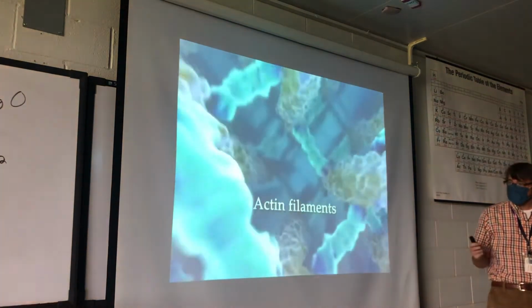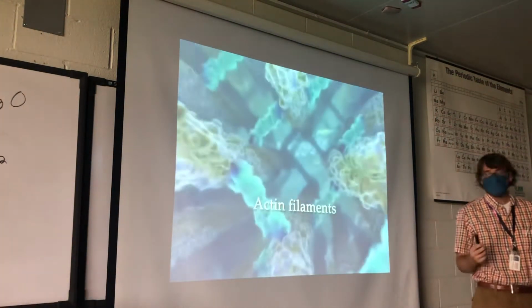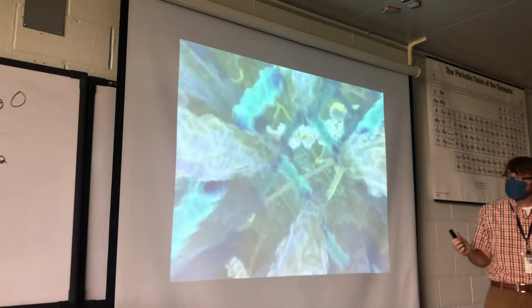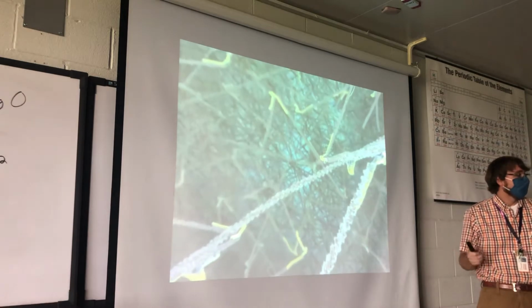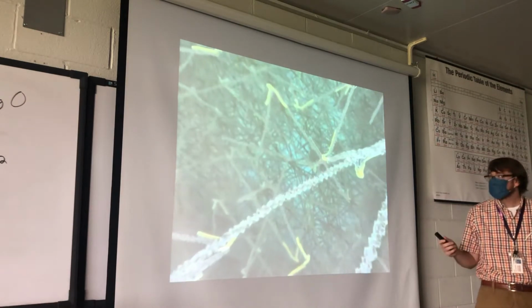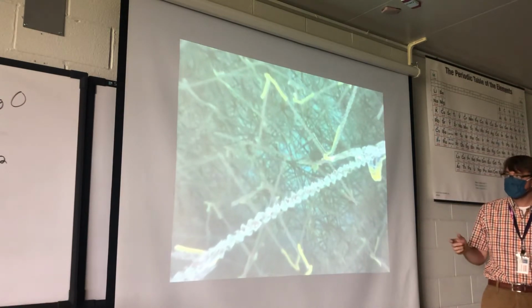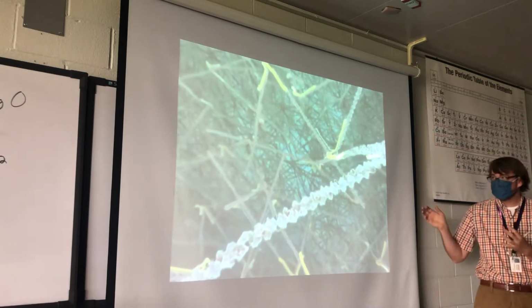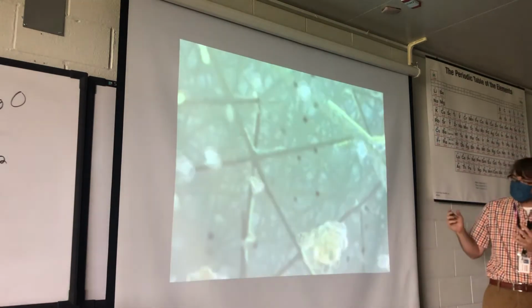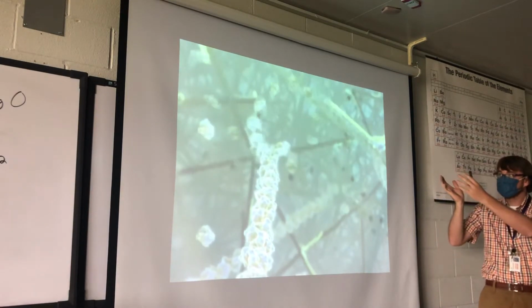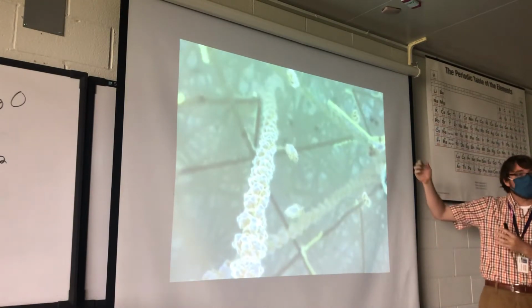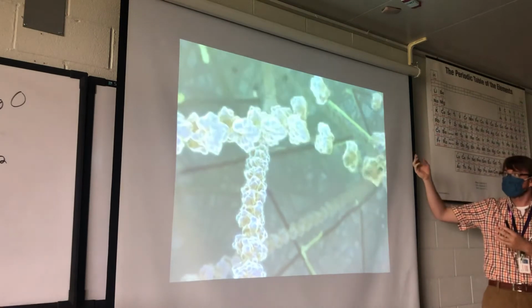So, within your cells, you have a cytoskeleton. The cytoskeleton is produced from various filaments, actin filaments, microtubules. These filaments are made out of protein subunits. These protein subunits can very quickly assemble themselves and form a lasting fiber.